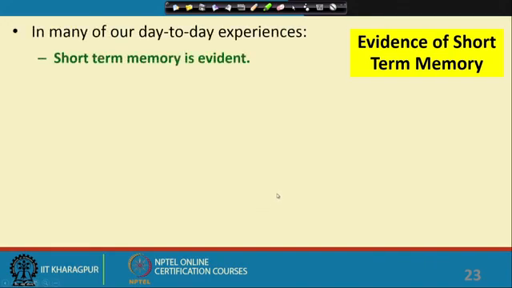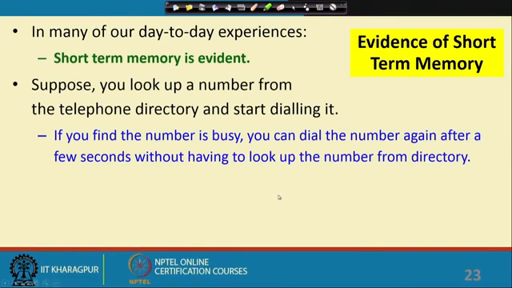There are many day to day experiences where the short term memory is evident. For example, you looked up a telephone number, and then you found that you are not able to dial it, it is busy. But after a few minutes you are almost able to remember the number.